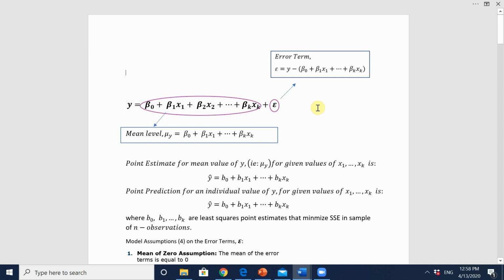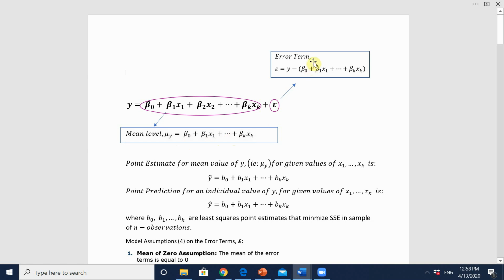So y is in fact expressed as two components once again. Here we have the mean level component, mu of y, for a given set of x1 to xk values. And here the mean level relates y to the independent variables, x1 to xk.